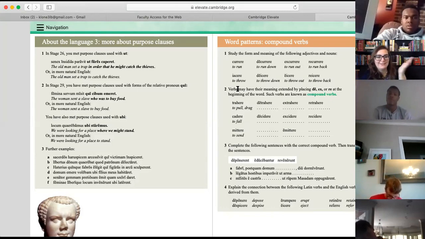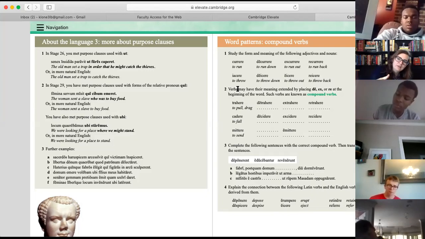When you add de in front of it, which means down or from, you suddenly have decurrere, which means to run down. And if you have deicere, a spelling change, then you have to throw down.